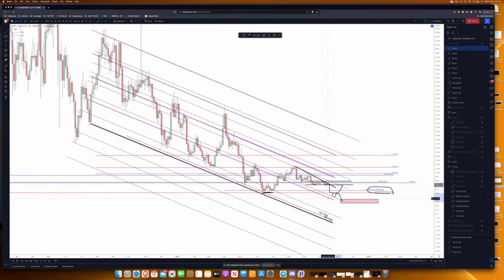So let's just stretch this out. You can see that the middle of the channel could play on this last bottom part of the channel. This could be a support level. And historically, if you look along here, we had a lot of fluidity in support and resistance.